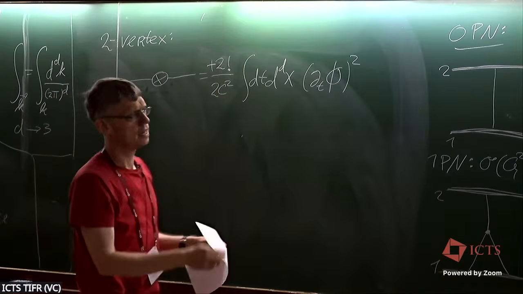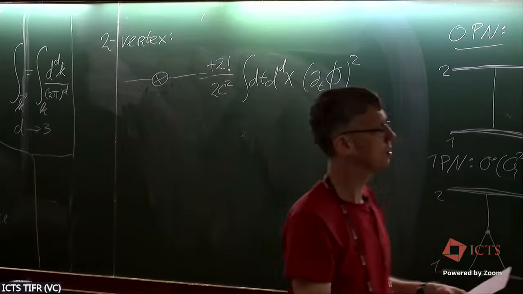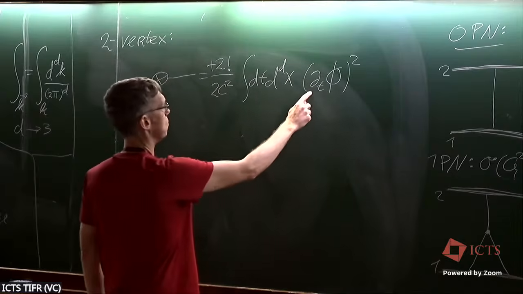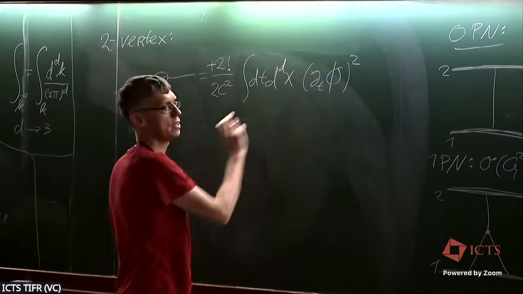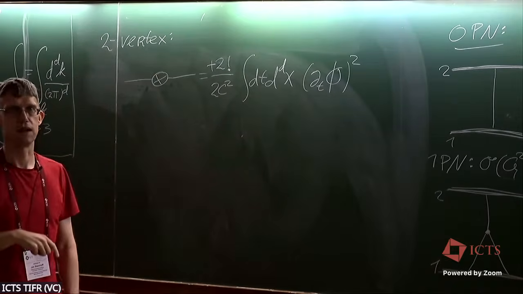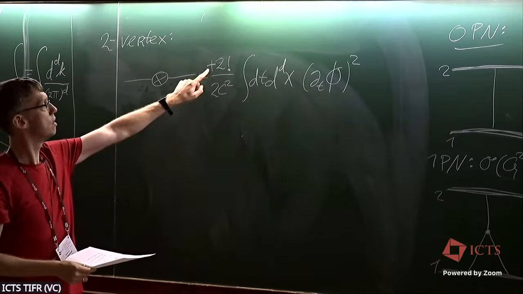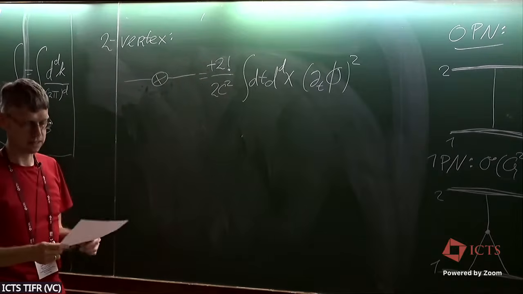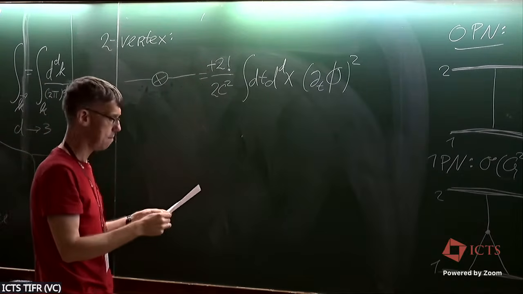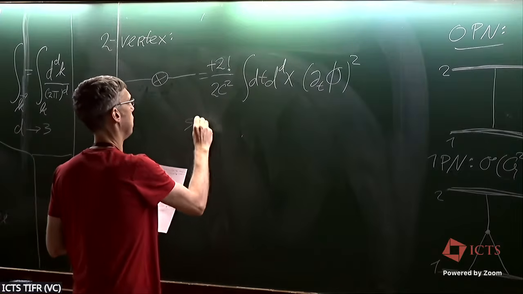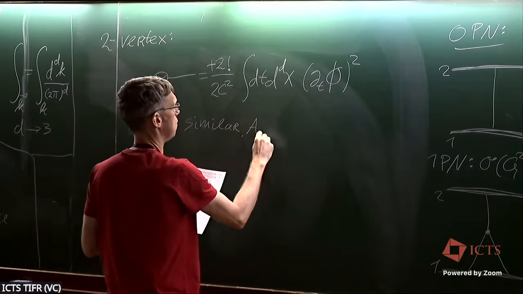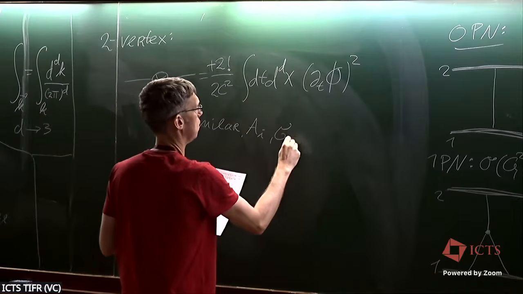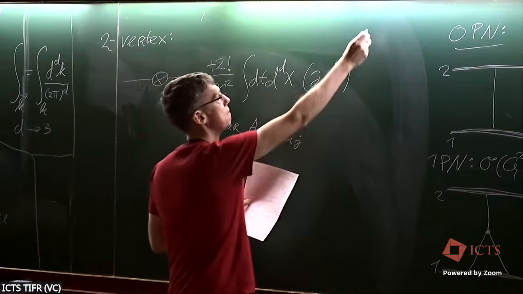I think over there it's with a minus, right? So we have taken one of the time derivatives on the other side to the other field, so we can write it as d phi square. So we have the plus here and this additional factor of 2 factorial. And this will be similar for the other two fields.